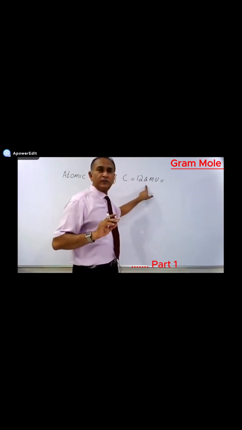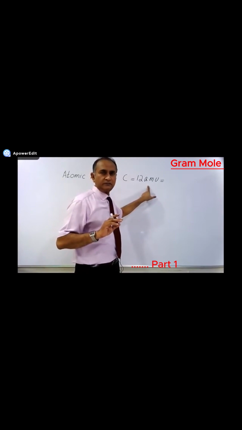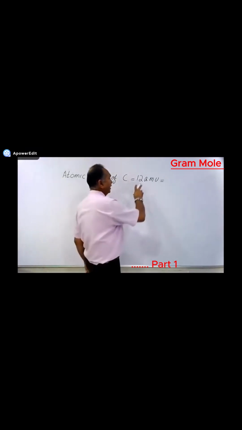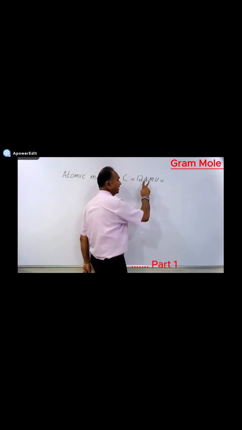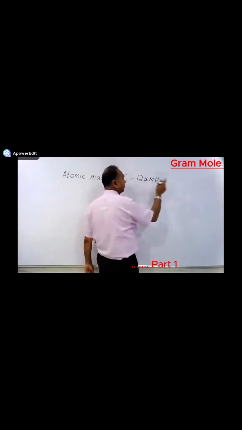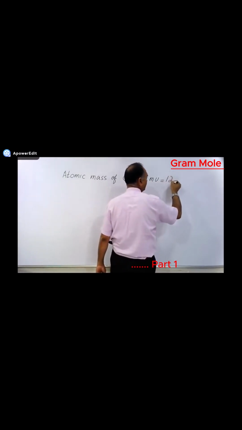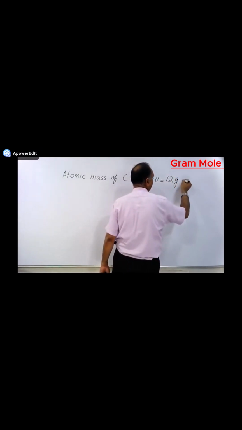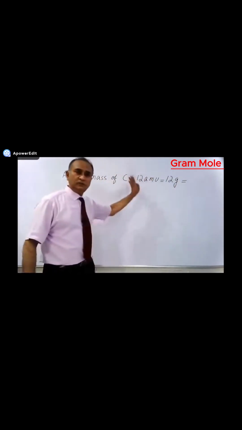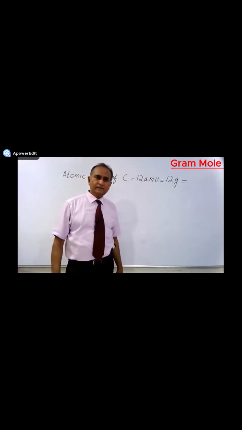AMU. Okay? If you write grams instead of AMU, then it will become 12 gram. Okay? 12 gram.